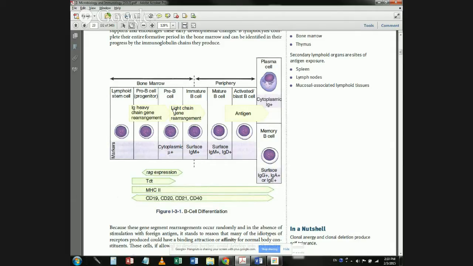So at that stage, the B cell is called the pre-B cell. At the pre-B cell, at the same time, you have the light chain recombination happening, and you still have the cytoplasmic mu molecule there, and you have RAG expression, and you notice that the TDT enzyme is starting to taper off because TDT is not inserting random nucleic acids into the light chain in B cells.